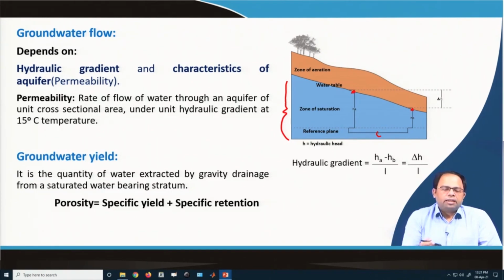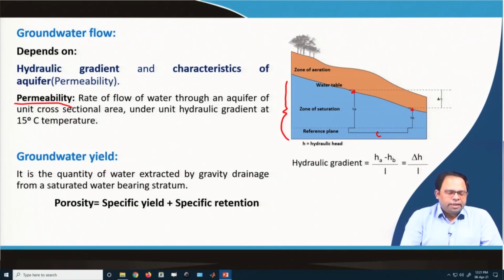So permeability is defined under unit hydraulic gradient, but obviously, when the hydraulic gradient changes, the rate of flow will also change. So, permeability is the constant or the coefficient that we will use in our final model.